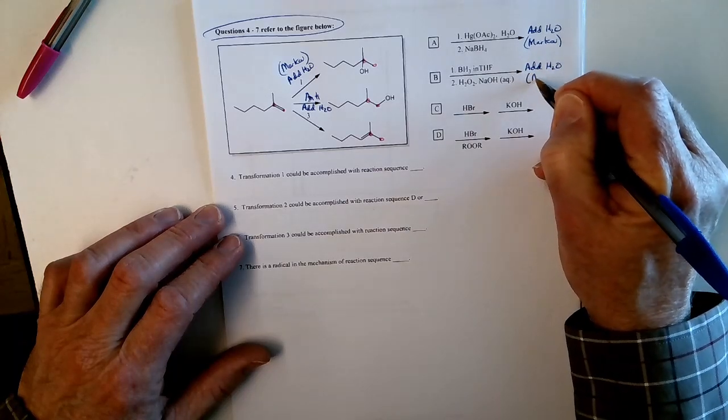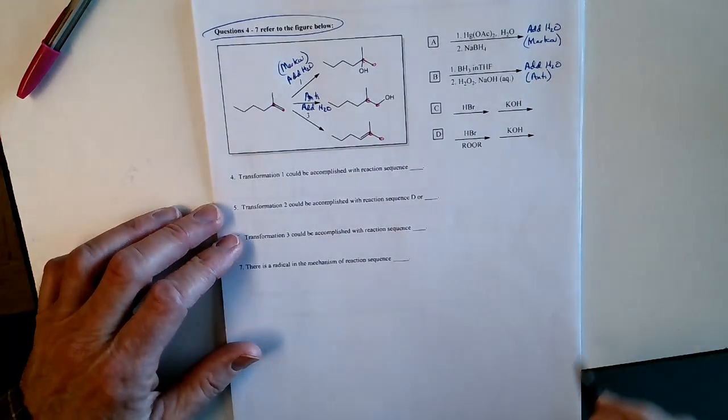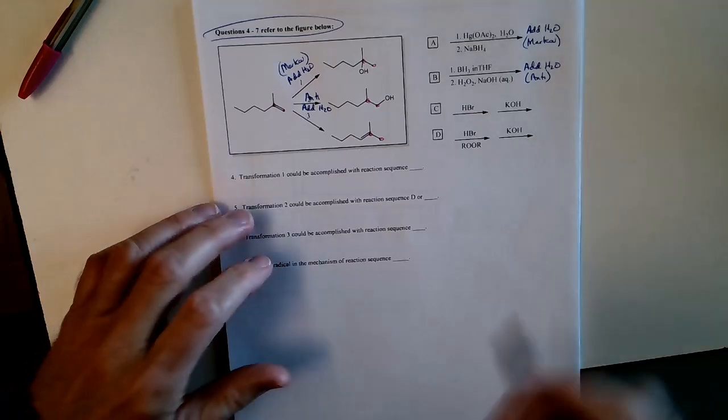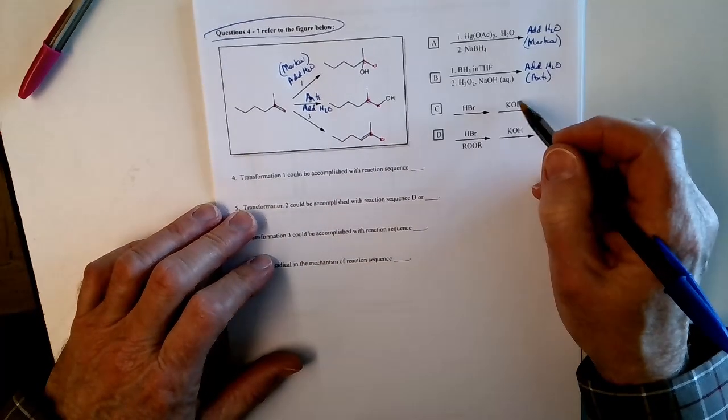This one's anti. And then down at the bottom, those last 2 look like they're an attempt to put on OH in place of a bromine. Okay, so let's come back to them.